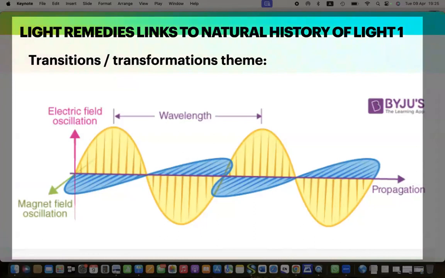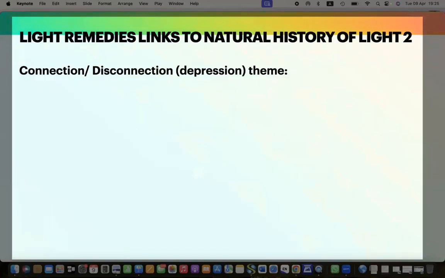So what we see is that these fields are oscillating. They're changing all the time. The electric field, the yellow one, moves up and down, and the blue one, the magnetic field, moves horizontally, left to right, around the axis. So there's a constant process of change.